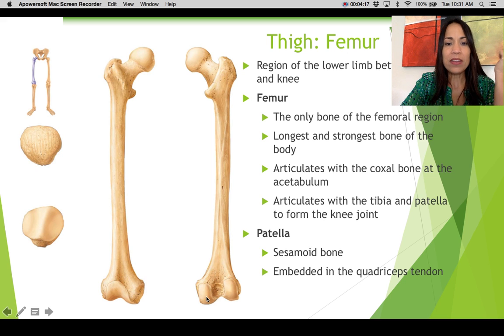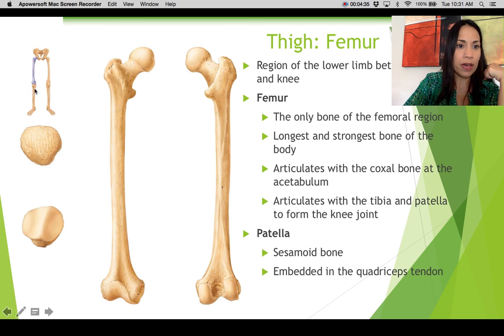These are the medial and the lateral condyles. The medial is on the same side of the femoral head, and the lateral is on the other side. Both of these femoral condyles articulate with the tibia, which is the medial bone of your leg.